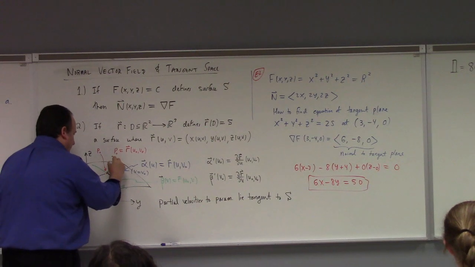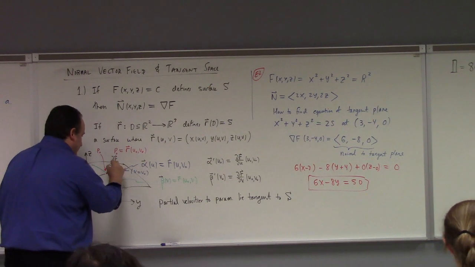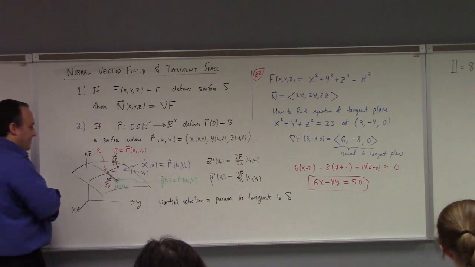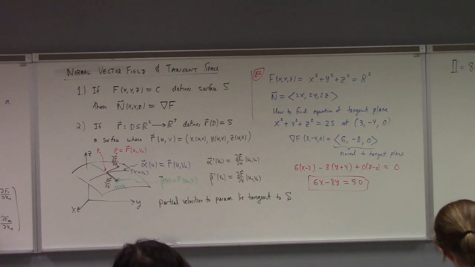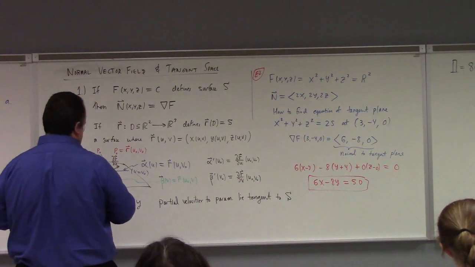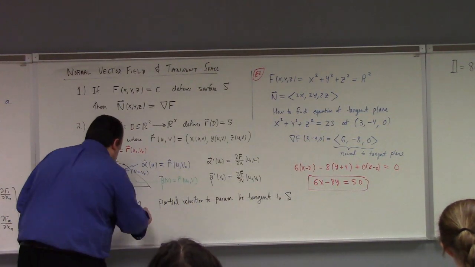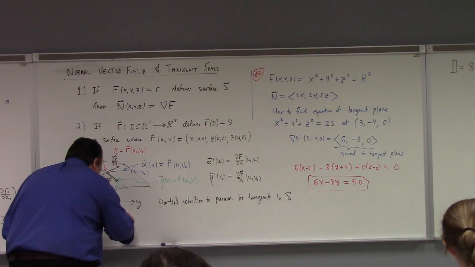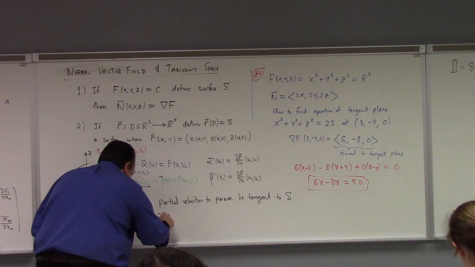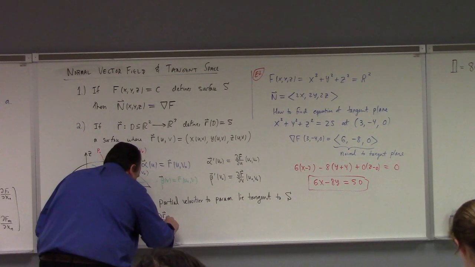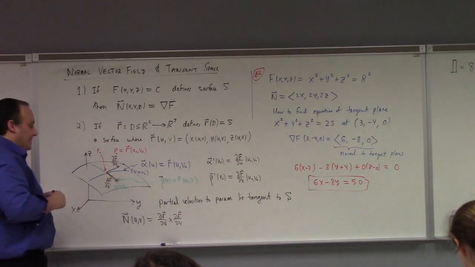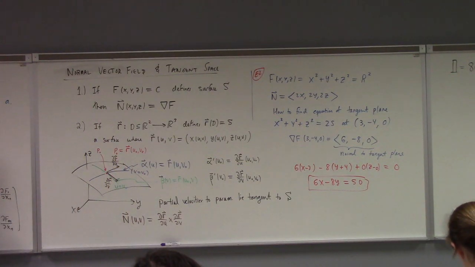This is my partial R, partial U, and this one is partial R, partial V. Cross product. I hear cross product. Yes, indeed, that is the evil we must do. Can you guys see if I write down here? The normal vector at UV is partial R, partial U cross partial R, partial V. That is how to find the normal vector.